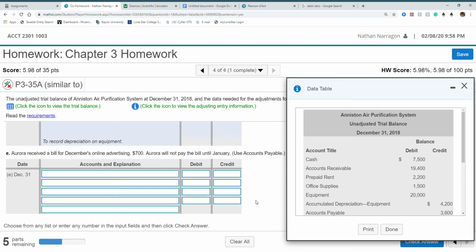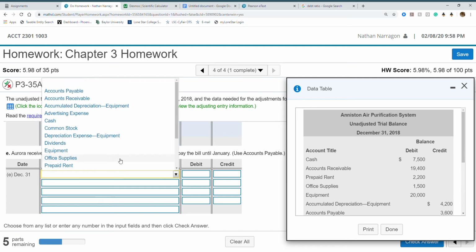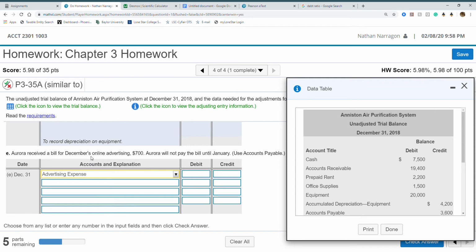So, Aurora receives a bill for December's online advertising, 700. Aurora will not pay the bill until January, and it wants us to use accounts payable. Okay. First off, we did incur advertising expense.